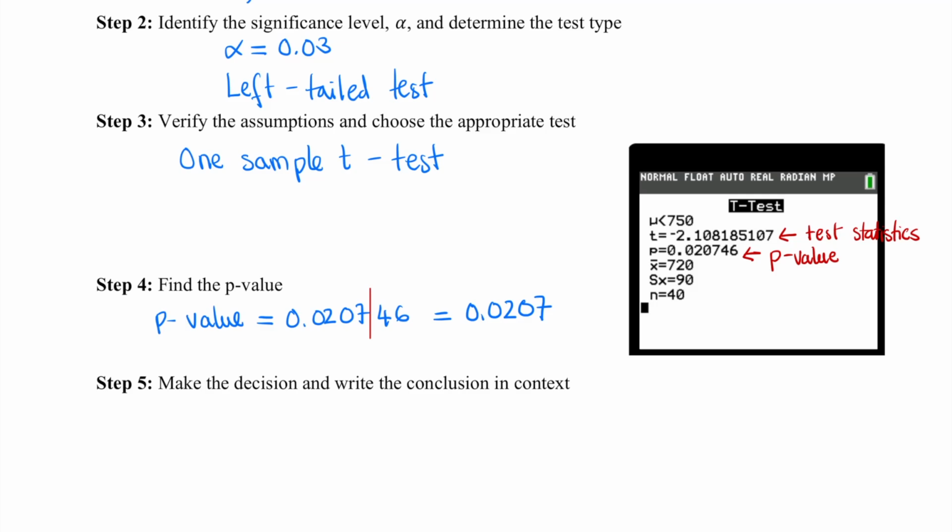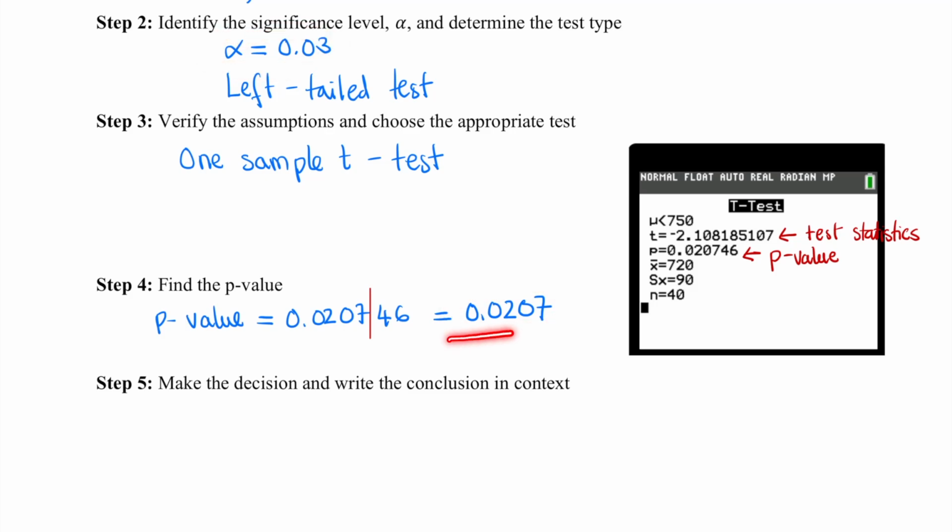Step 5, we need to make the decision and write the conclusion in context. In order to make the decision, we compare the p-value with alpha. If p-value is less than alpha, we reject the null hypothesis. If p-value is greater than or equal to alpha, we do not reject the null hypothesis.